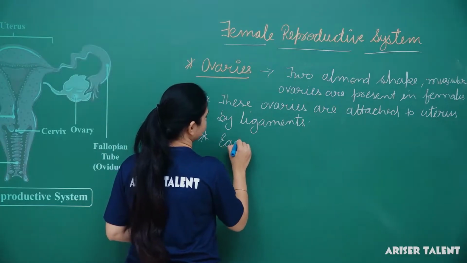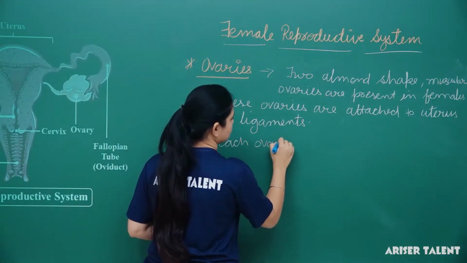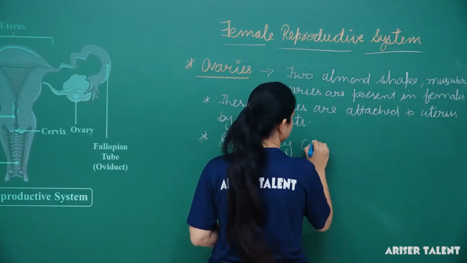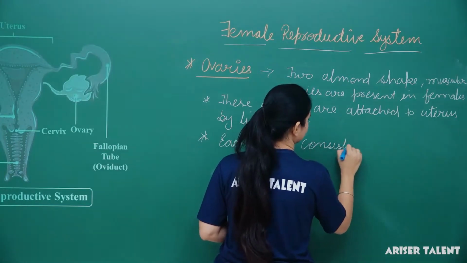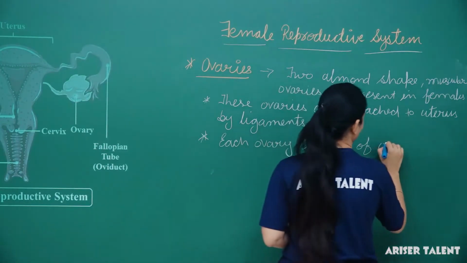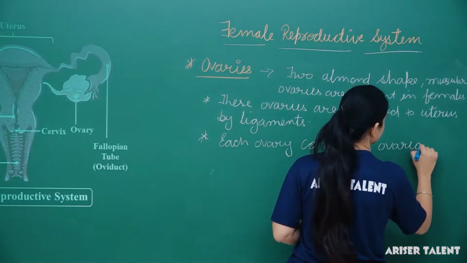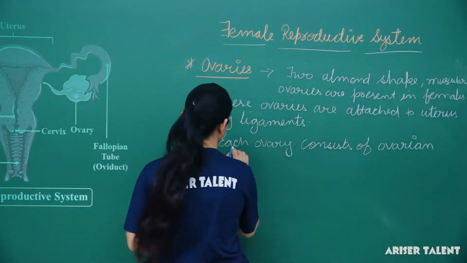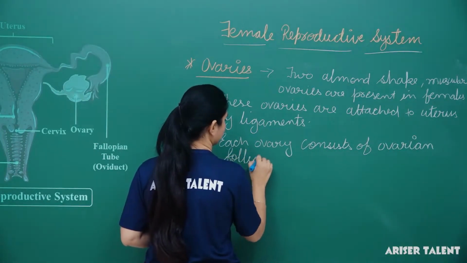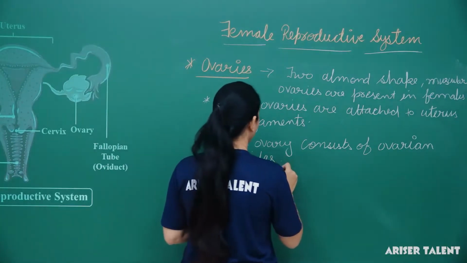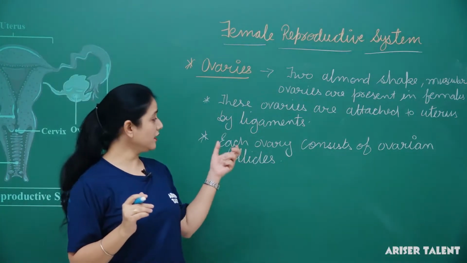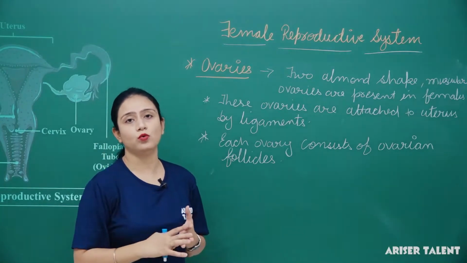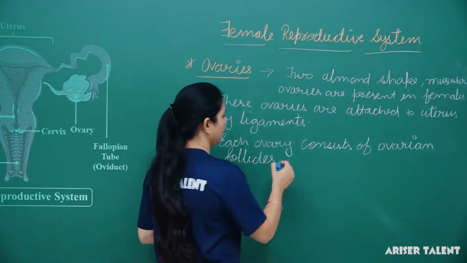Each ovary consists of ovarian follicles, and each follicle has one ovum in it.